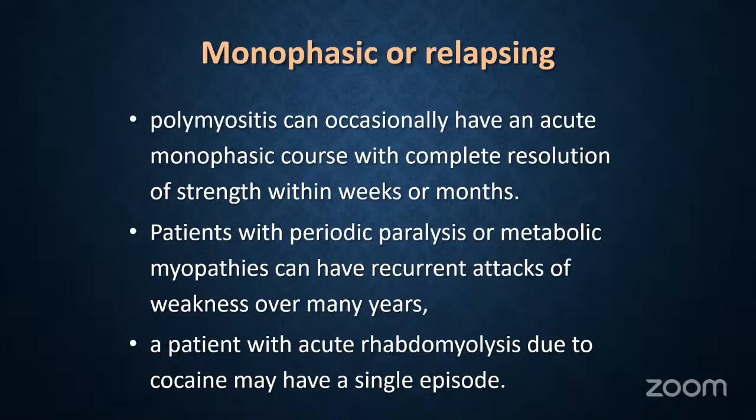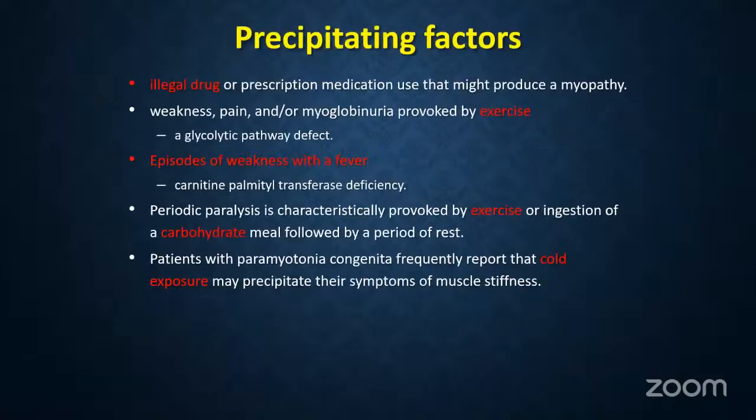Polymyositis can occasionally have an acute monophasic course with complete resolution of strength within weeks or months. Many patients with periodic paralysis or metabolic myopathies can have recurrent attacks of weakness over many years, and acute rhabdomyolysis due to cocaine may have a single episode. Illegal drugs or prescription medication use may produce a myopathy.